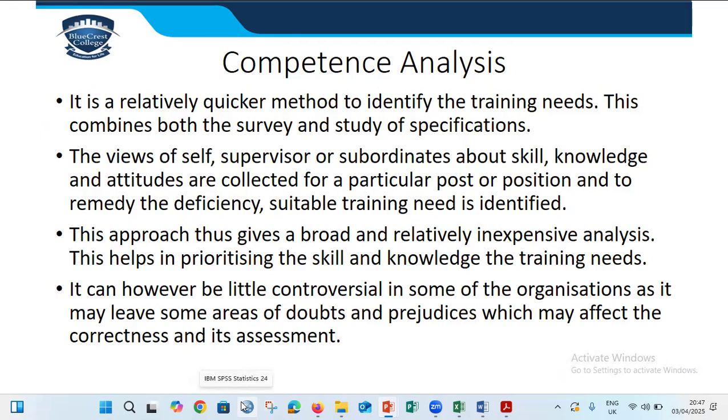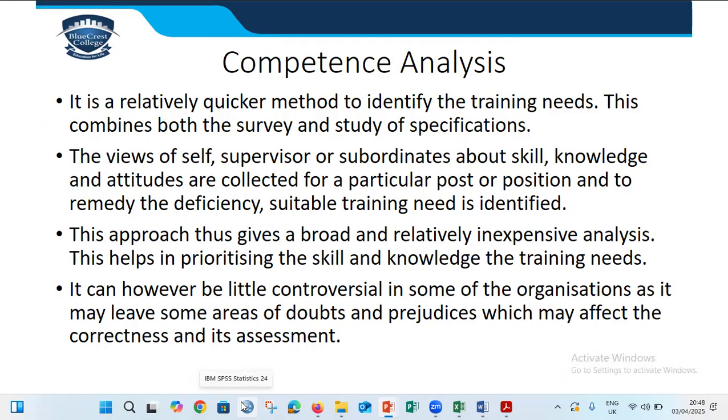So this approach gives a broad and relatively inexpensive analysis, because you just gather the views of major stakeholders, and then based on the views they have come up with, you identify a gap between what is already being done and what has been collected.